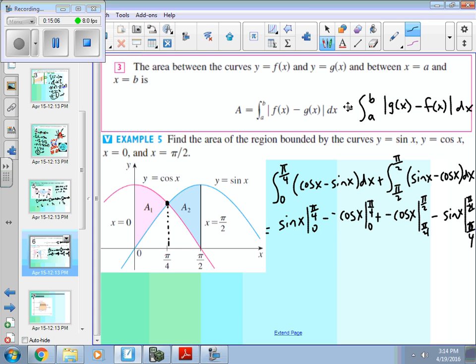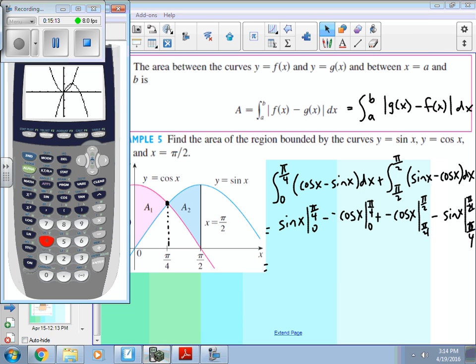Okay, so now you'd want to plug these in and do it. Now, make sure your calculator's in radians when you're doing these, otherwise they're not going to come out right. So this first one, if we do sine of pi over 4, we get this. Now, this is one of those either you need to know from the unit circle, or you have to have that decimal number memorized there. 0.707, that's the same as square root of 2 over 2.